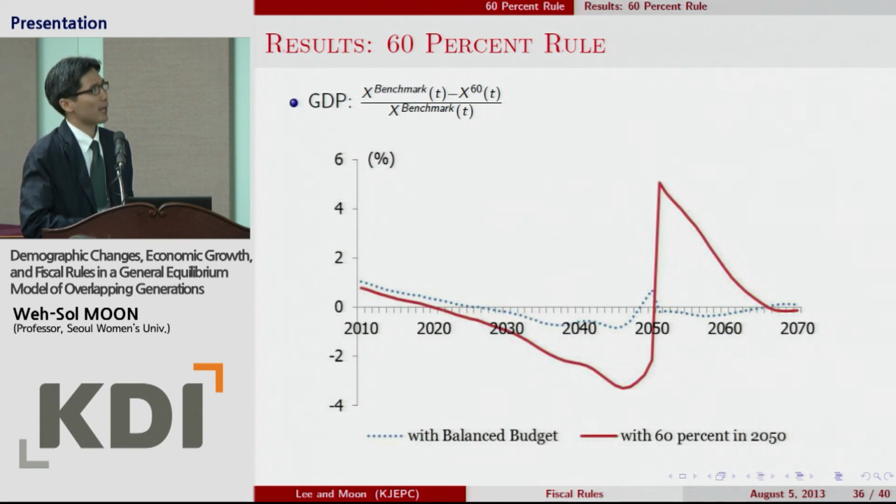It goes up, then it goes down in 2050, because we assume the constant debt rule should be enforced after 2050. So this fluctuation, even though we don't have any aggregate shocks, takes place right here. So we don't think the 60% rule is quite a good rule, in terms of, in 2050, the fiscal rules being replaced with the constant debt rule.